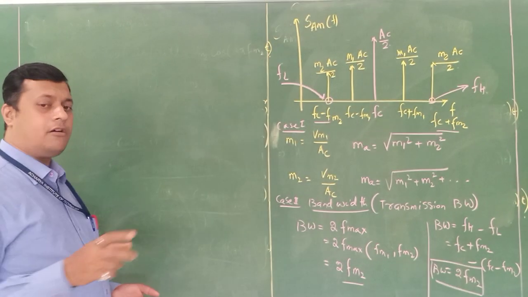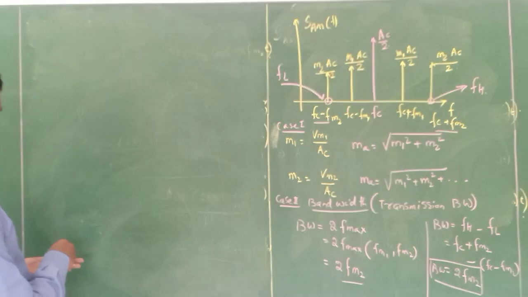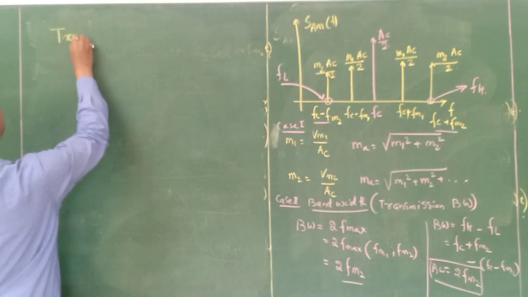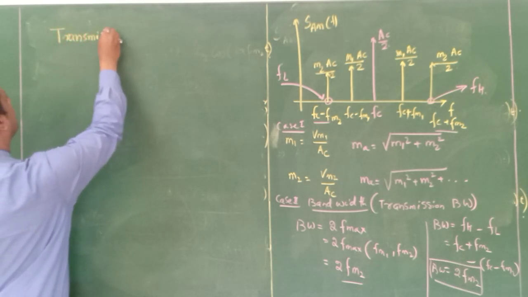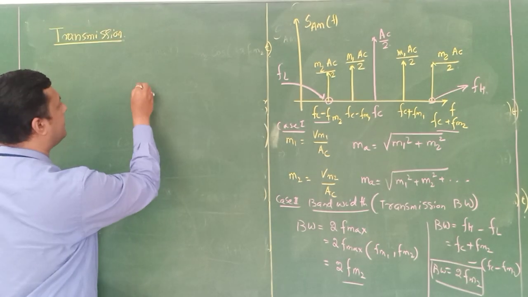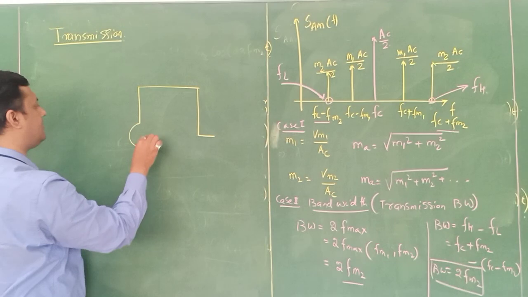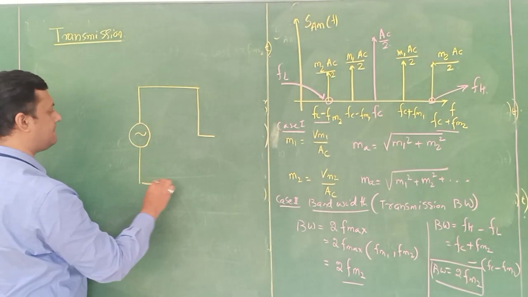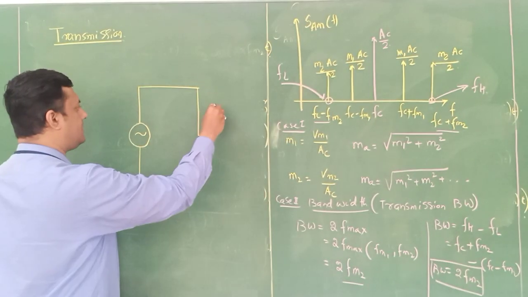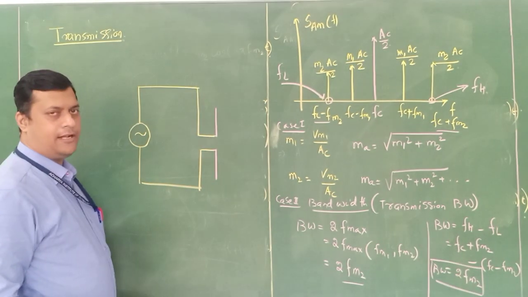For that, I will draw a small block diagram through which you can understand properly. So let us see how the transmission happens. Let us consider a source and two elements, dipoles, a dipole antenna.